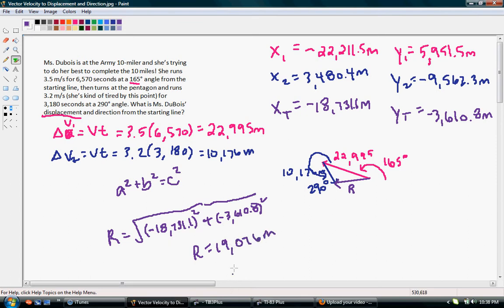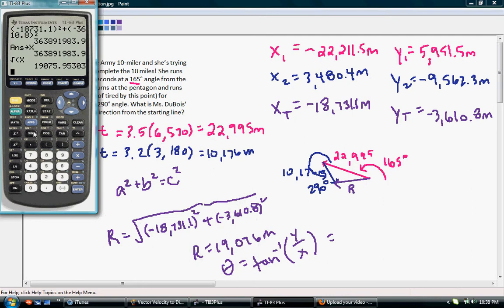Our direction will be the inverse tangent of y over x, because we have our y and our x now. Make sure you're not putting your x over your y; you're doing your y over your x.